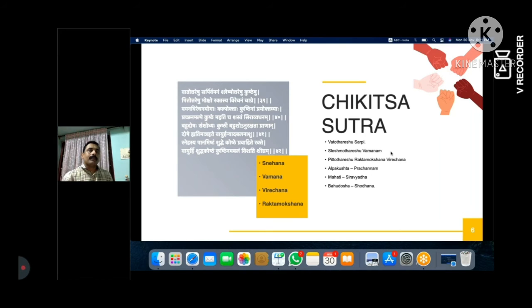In jwara chikitsa, Acharya Charaka says that after continuous langhanadi krama and kashayapana, the rukshata in the body increases. Because of that rukshata, the agni, the tejo guna in the body, increases. Due to this tejo guna, pitta increases. Because of that pitta, again rukshata increases, and this goes into a cycle.